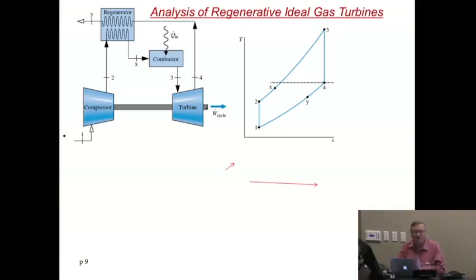Now let's look at how you will solve a regenerative ideal gas turbine cycle in a problem. So you see that with this, your heat exchanger here sends its air out at point number y.